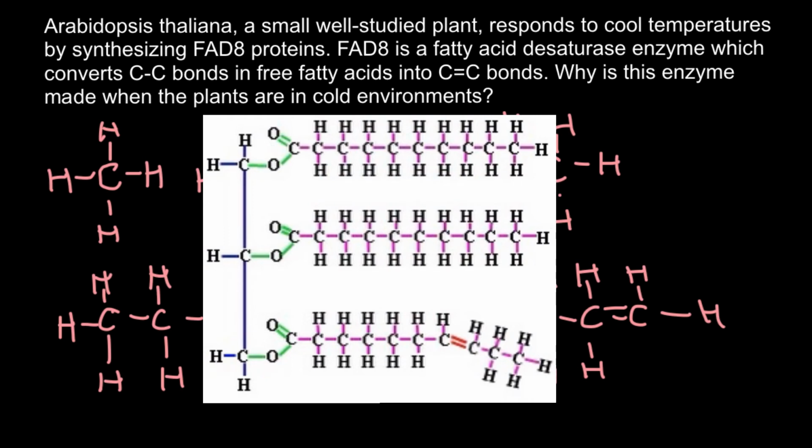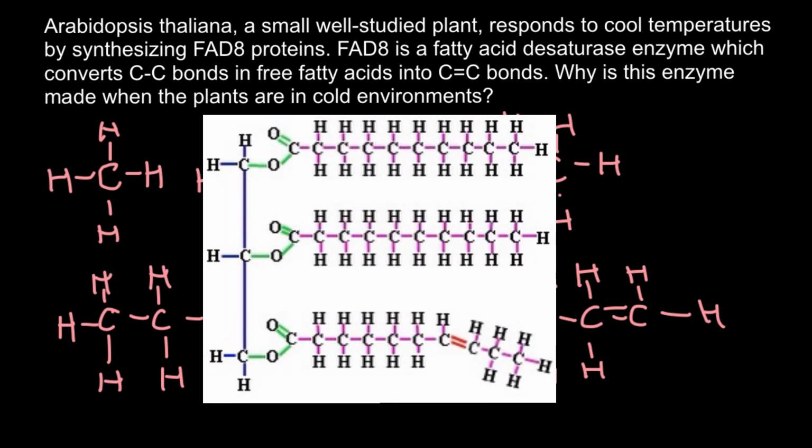And when we have a double bond, as you see, now this molecule bends, and it's not so densely packed anymore, and we usually find such monounsaturated molecules. It also can be a polyunsaturated fatty acid if double bonds also would be between other carbons.